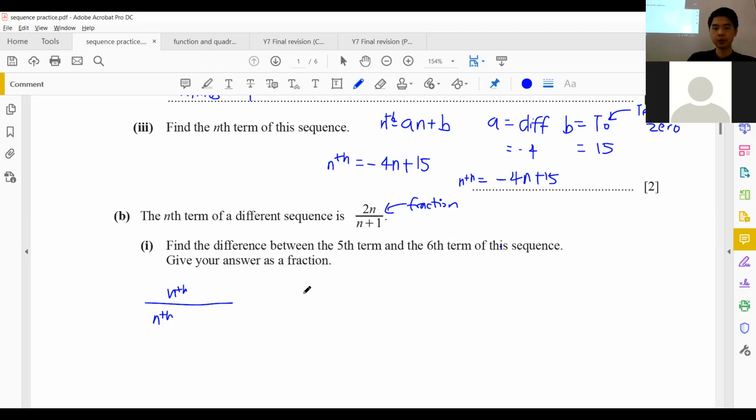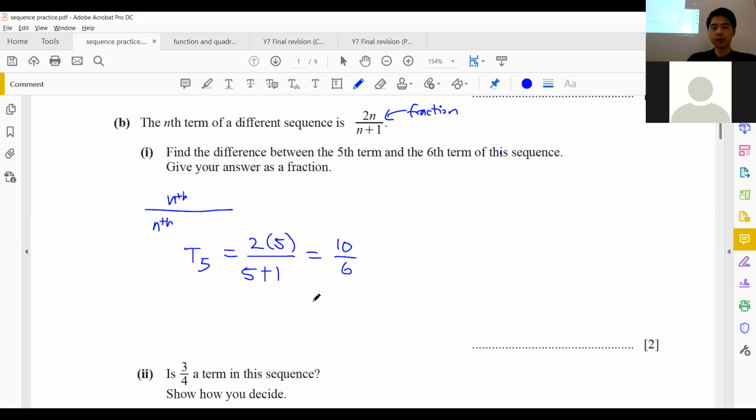So if you're looking for term number 5, then this is 2 times 5 over 5 plus 1, which gives 10/6. If you're looking for term number 6, then this is 2 times 6 over 6 plus 1, which gives 12/7. Finding the difference between them is just 12/7 minus 10/6.